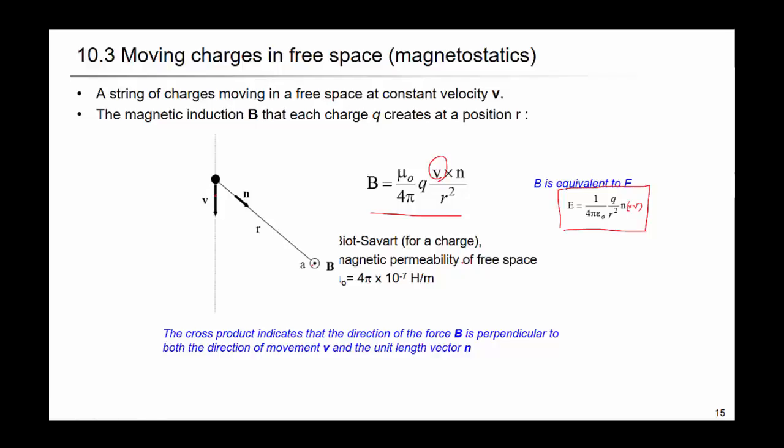Here the cross product indicates that the direction of the force B is perpendicular to both the direction of movement v and the unit length vector n. So that's going to be this direction, right? So that goes in. Is it going in or going out?